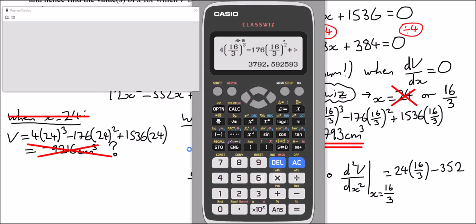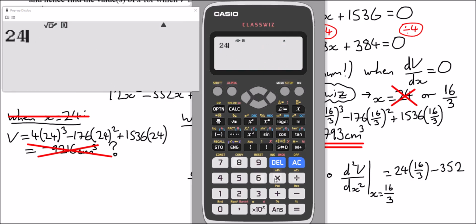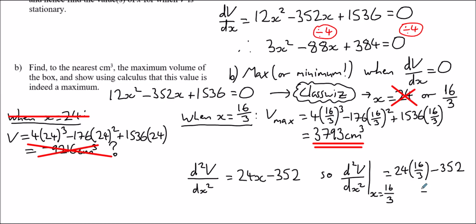So again, let's button bash and see what we get for this one. So 24 times 16 over 3 minus 352. That gives minus 224. Doesn't really matter what it gives us. All we're interested in is the sign. That's negative.